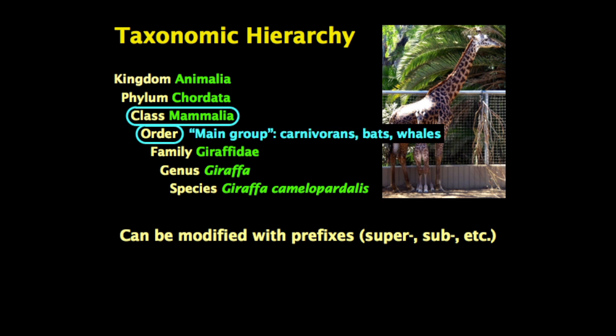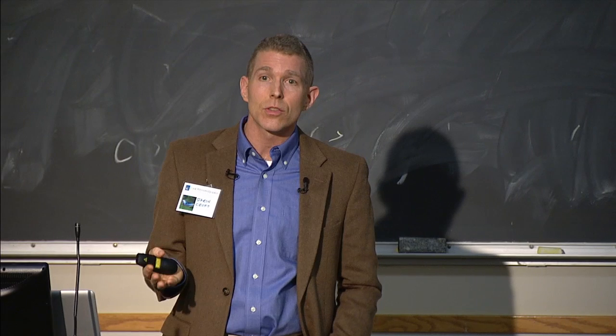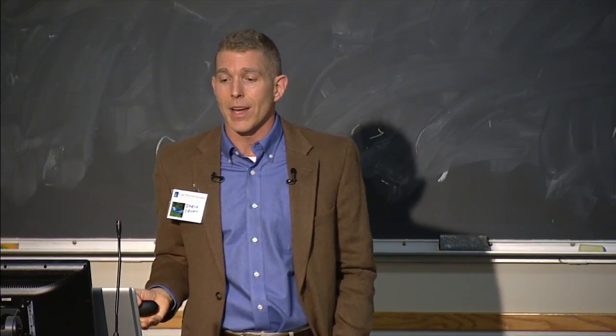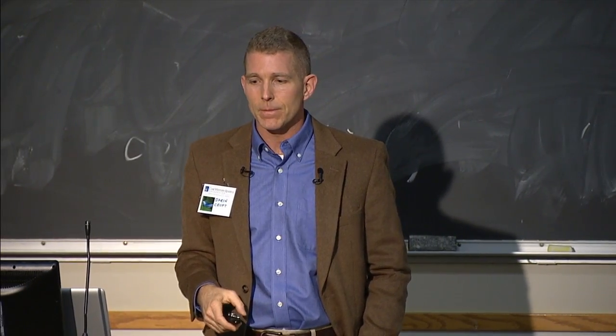Typical types that you'd be familiar with, like carnivorans, bats, whales, rodents, rabbits, etc. These are the big groups, and I'll talk about a few of these. And then families are the subtypes. If we're talking about carnivorans, examples of families would be things like cats, dogs, bears, etc. So if you can remember the orders and the families, those are what we're going to be focusing on tonight.